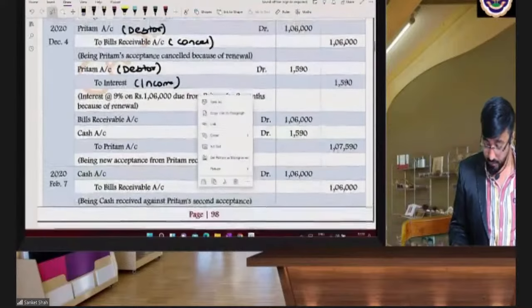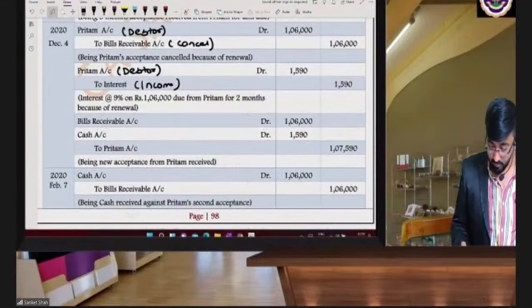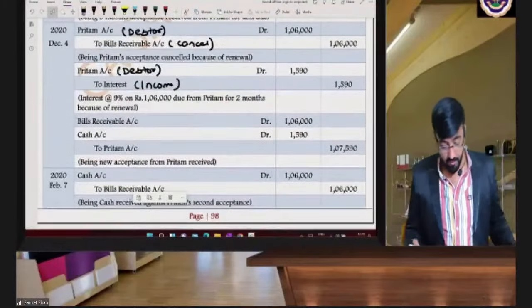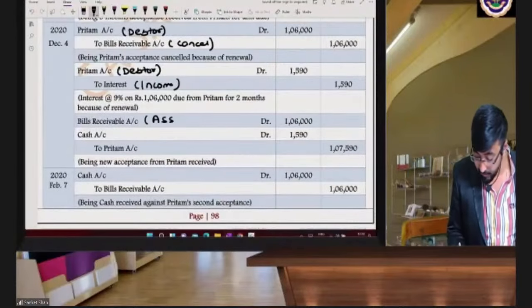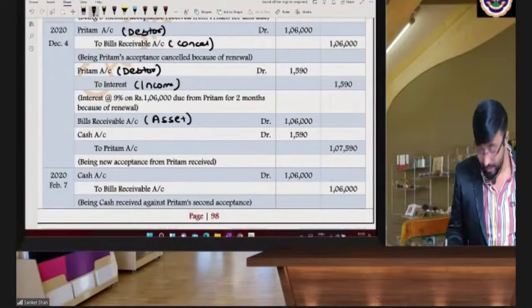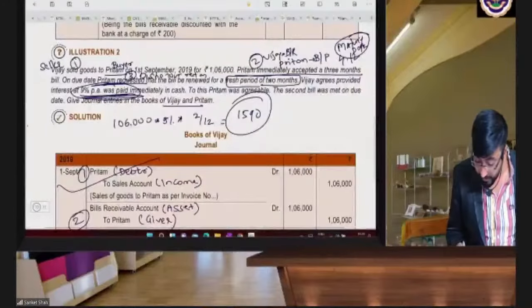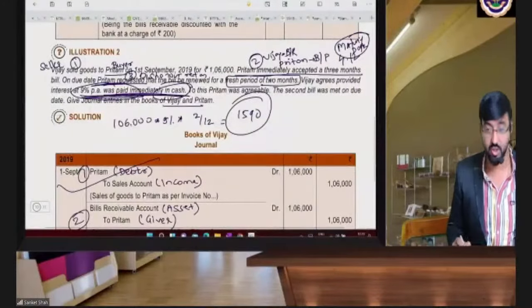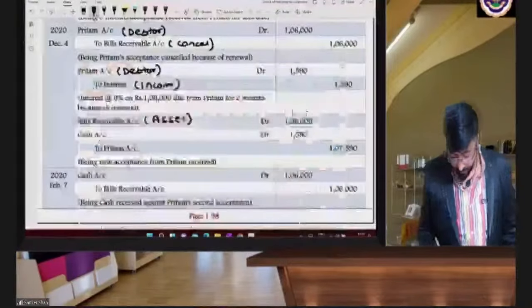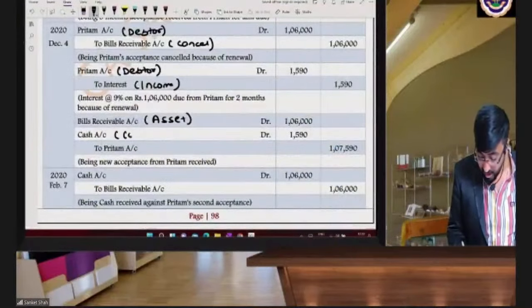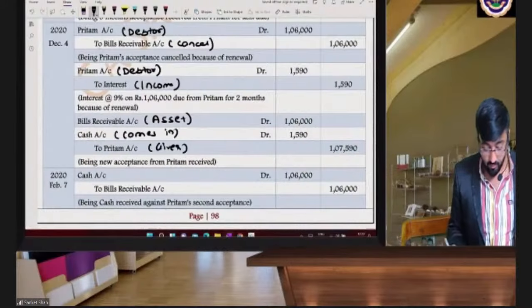Now what happened? Bills receivable: new fresh bills is accepted of 1,06,000 and what is given? Interest was paid in cash. So cash account debit. Cash comes in. And Pritam is a giver.